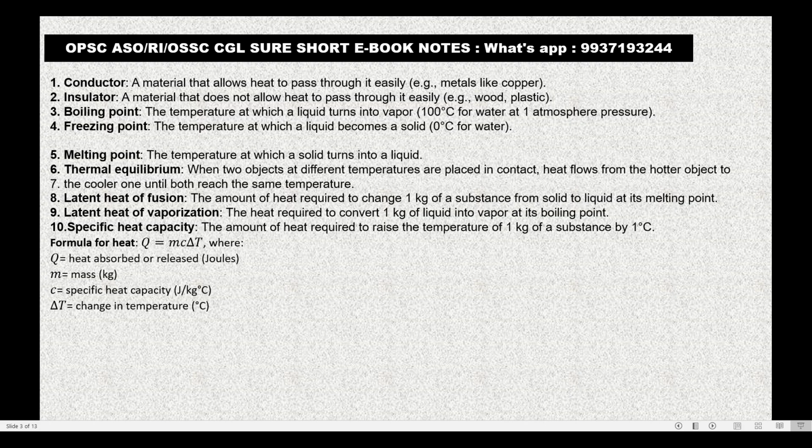Specific heat capacity: the amount of heat required to raise the temperature of 1 kg of substance by 1 degree Celsius. Formula for heat: Q = mcΔT, where Q is the heat absorbed or released in joules, m is mass in kg, C is specific heat capacity in joule per kg degree Celsius, and ΔT is the change in temperature in degrees Celsius.